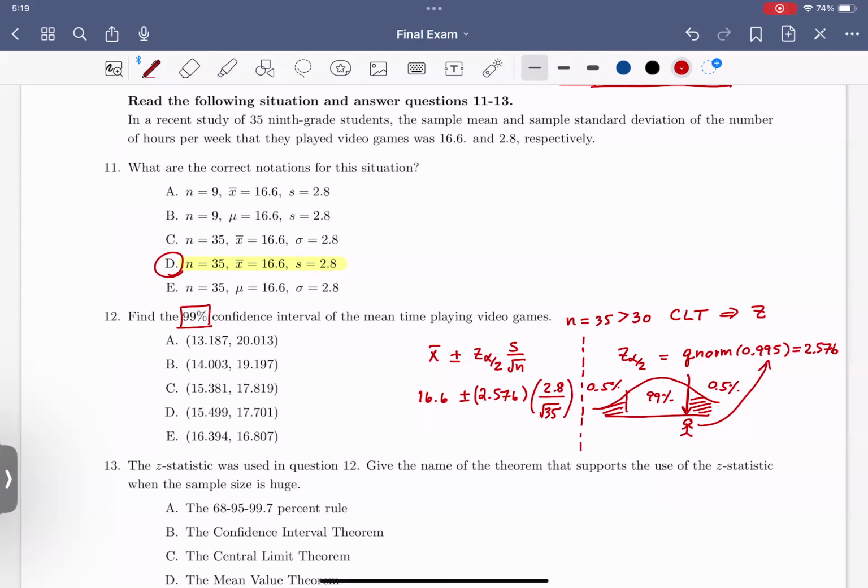So I'm going to put it in the calculator here: 16.6 plus or minus 2.576 times 2.8 over square root 35, which gives 15.381 and also 17.819, which is choice C here.